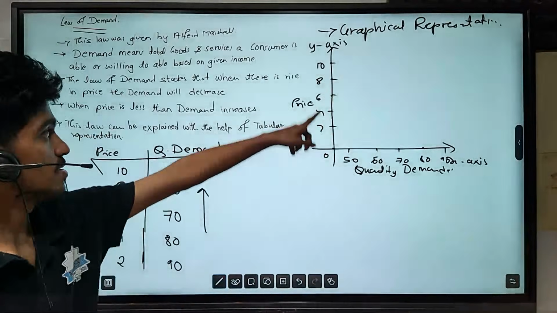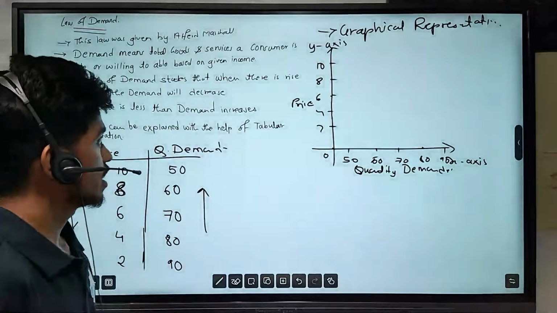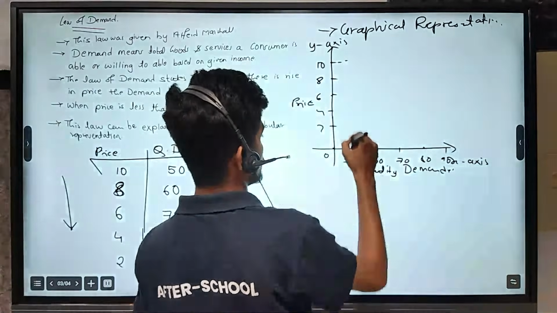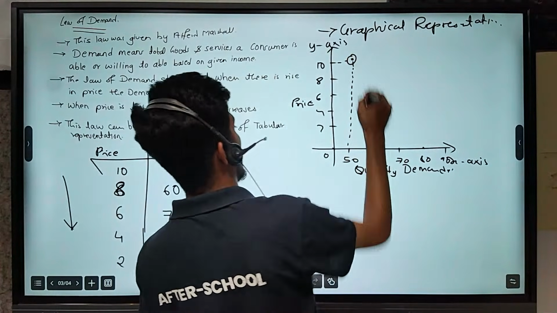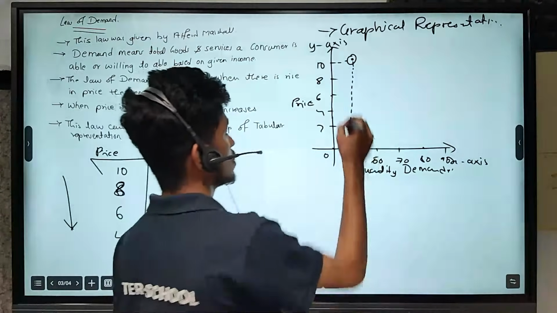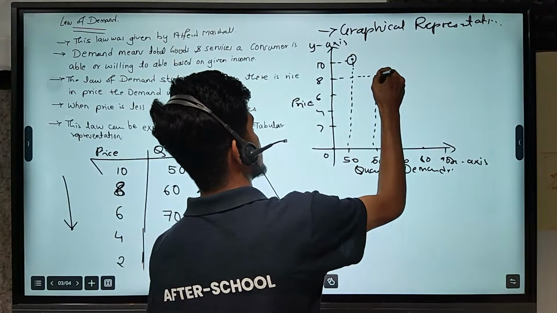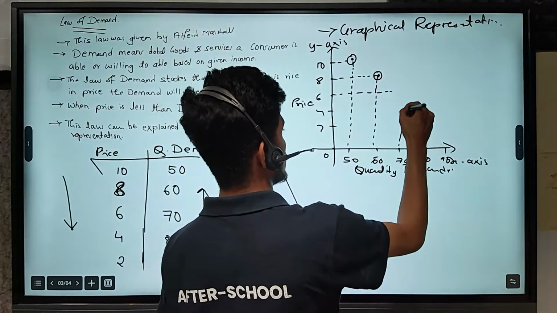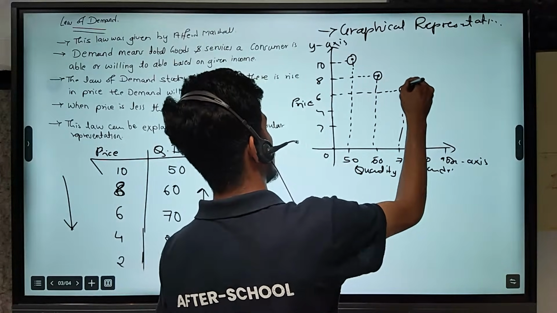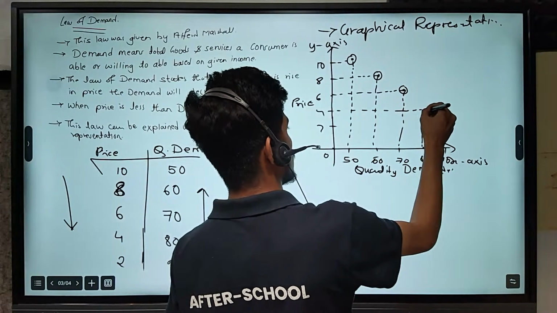When the price was 10, the quantity demanded was 50. When the price was 8, the quantity demanded was 60. When the price was 6, the quantity demanded was 70. When the price was 4, quantity demanded was 80.